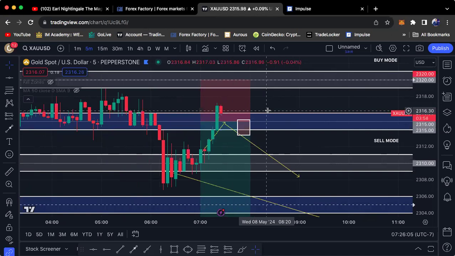So this could be confirmation right here, a candlestick pattern recognition. This could be a three inside down.